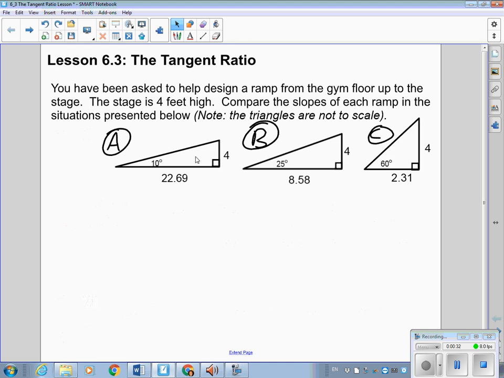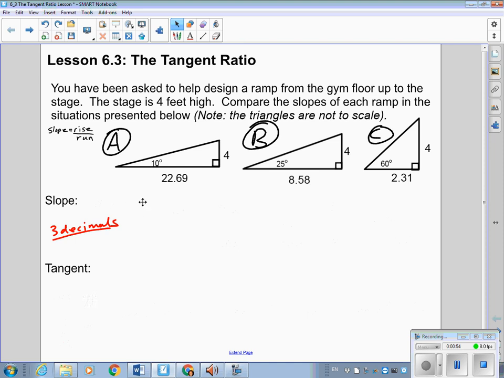Now that I've done that, I need you to tell me how to calculate slope. Yes, you said rise over run. Awesome. We're going to calculate these slopes to 3 decimal places.